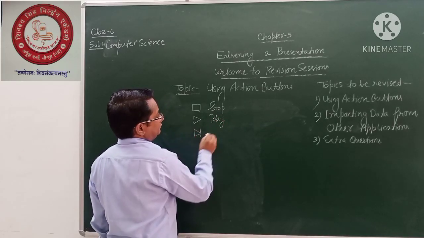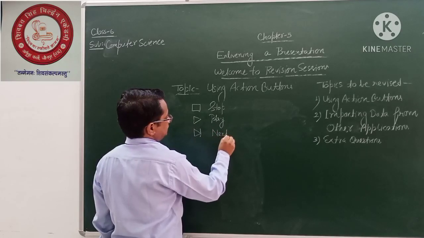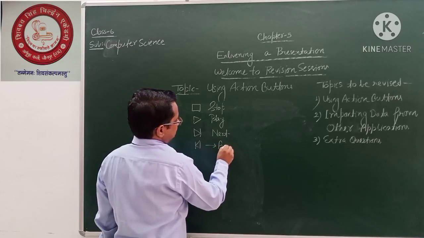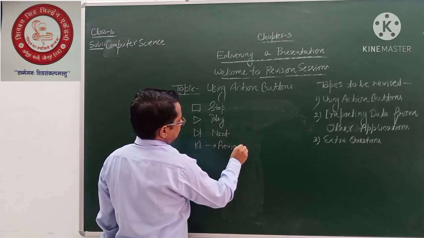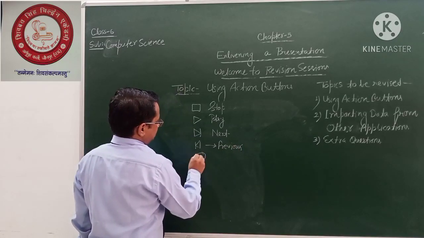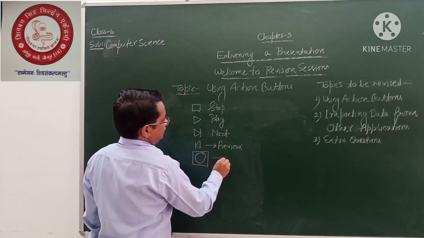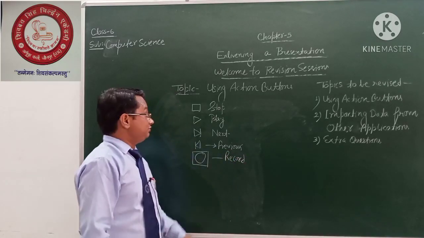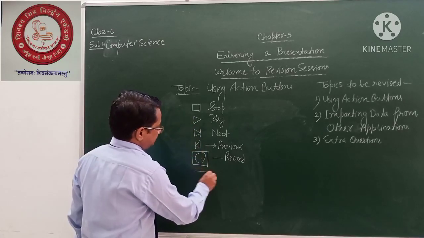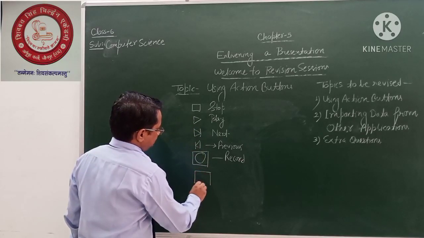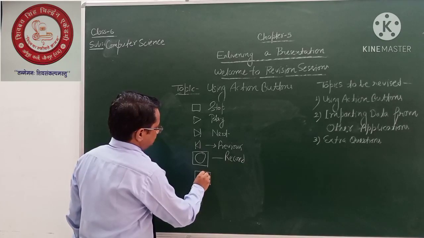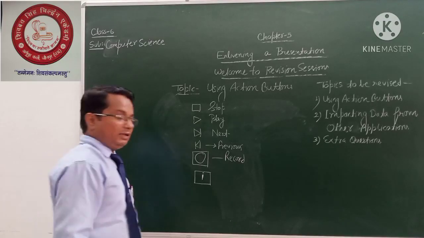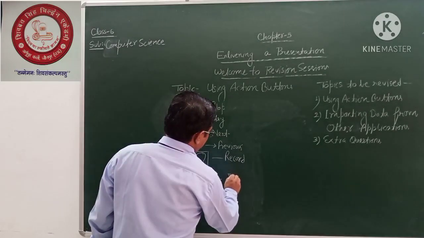Then this one: Next. Then this one: Previous. This one: Record. These are a few buttons. One more. What is the name of this button? The name of this button is Information.